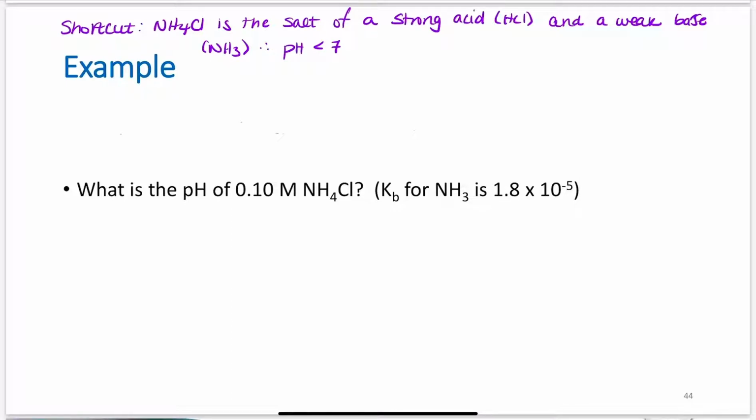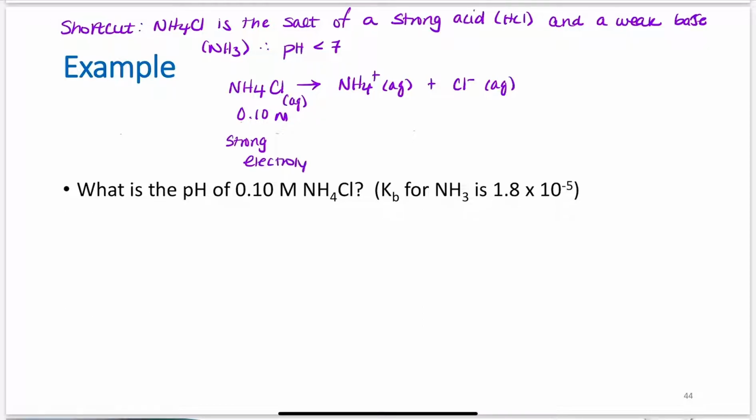I've got NH4Cl. NH4Cl splits up in solution to form ammonium ions and chloride ions. It tells me I have a 0.10 molar solution. This is a strong electrolyte, which means I will also have 0.1 molar ammonium and 0.1 molar chloride ions.